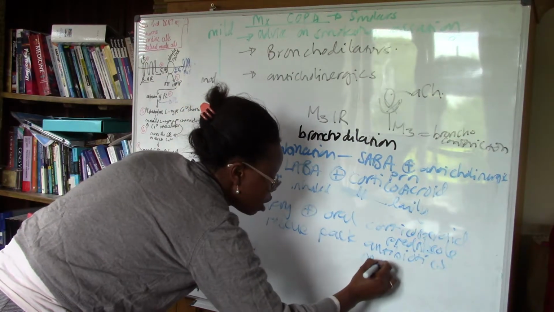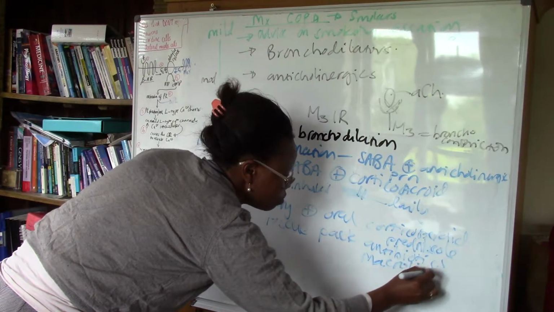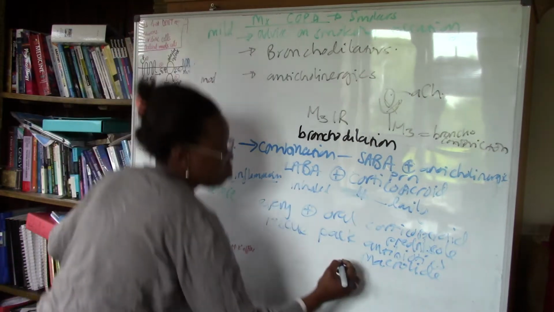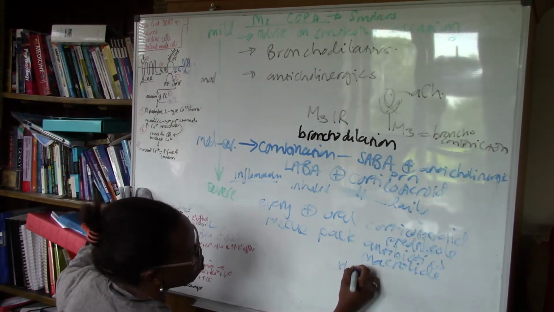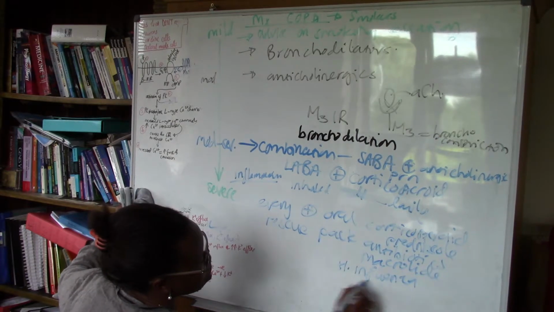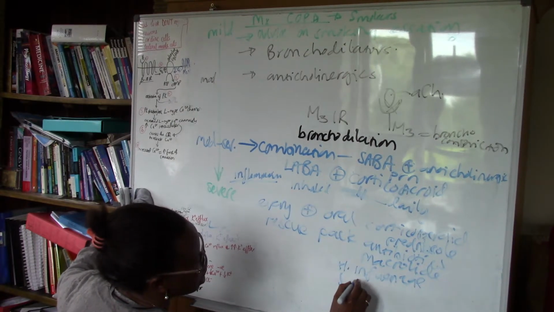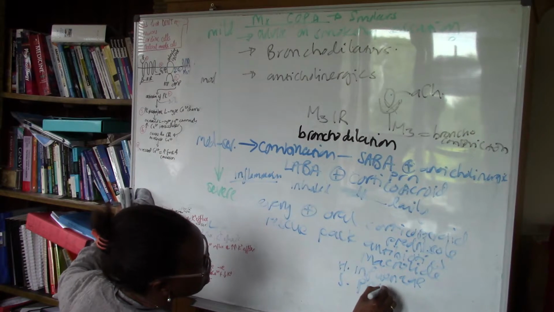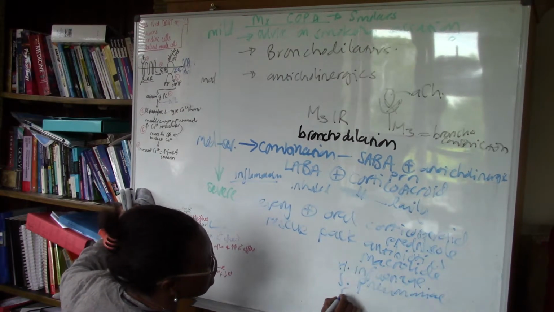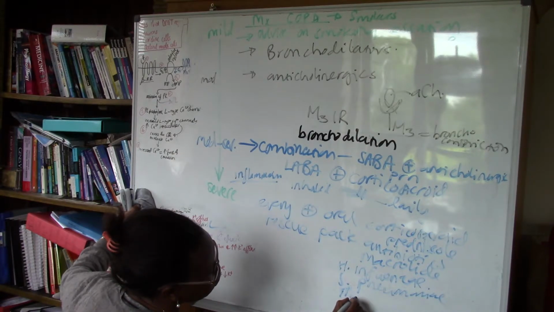Specifically, the macrolides are the ones used mostly, because people with COPD normally get infections with things like H. influenzae, strep pneumoniae or M. catarrhalis.